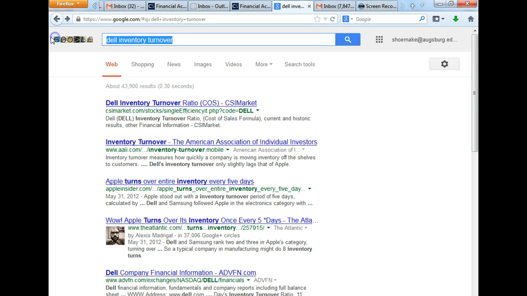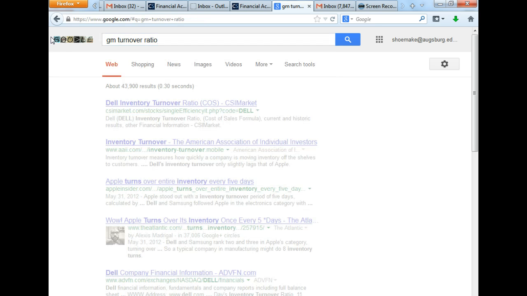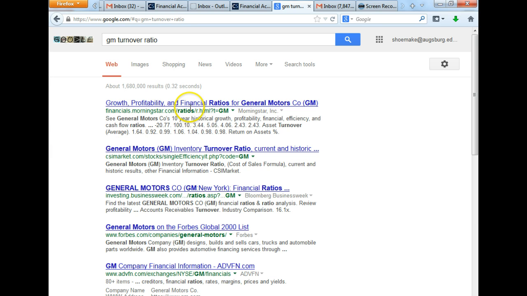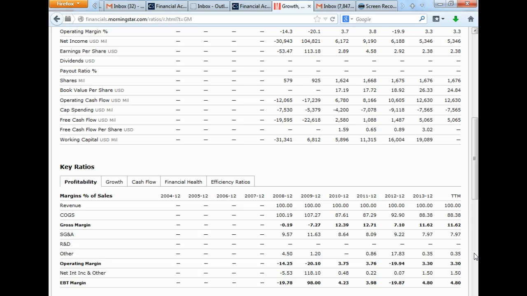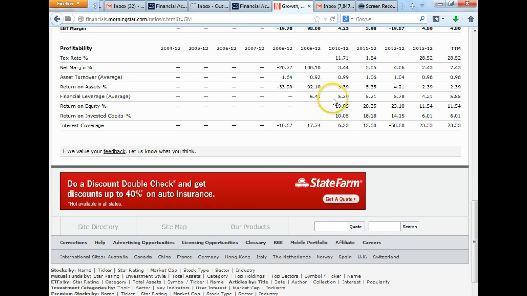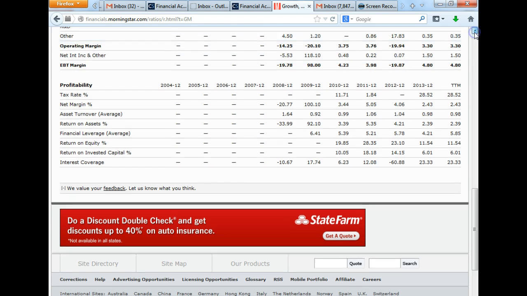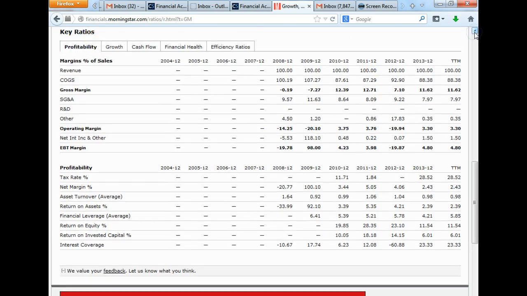What's another one we can do? How about GM turnover ratio? Now, GM's going to be different though, isn't it, guys? I want inventory turnover, not asset turnover.